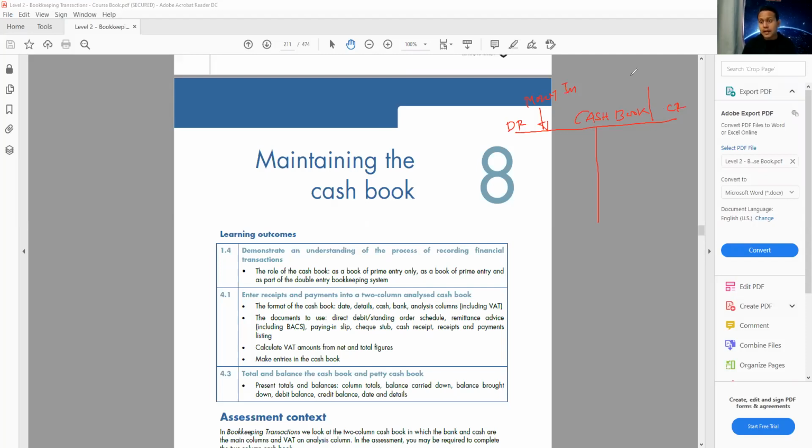If for any reason we receive money, we record it on the cash book debit side, money received. And for any reason, if we pay out money to the supplier or anyone, we record it on the credit side, money paid.